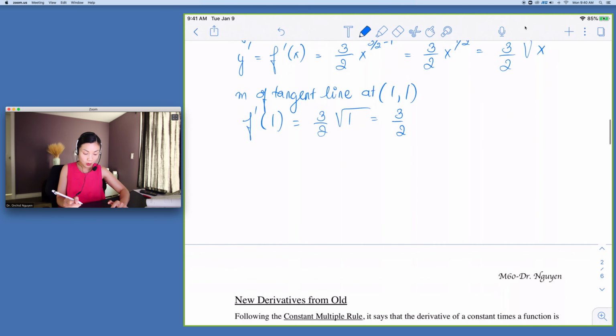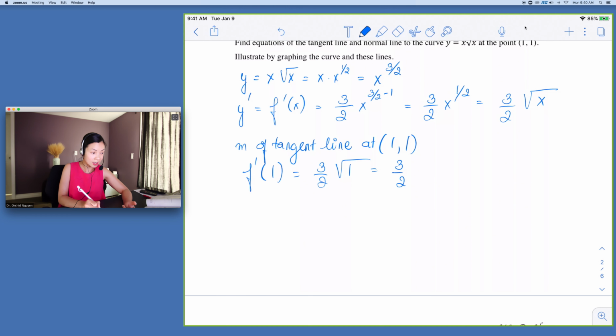Now, to find the equation, you simply plug it in, right? You can use y minus y1 equals m times x minus x1. I'm just going to rewrite it as slope-intercept form. So I have y as 1 equals 3/2, that's the slope, times 1, and then I'm solving for b.